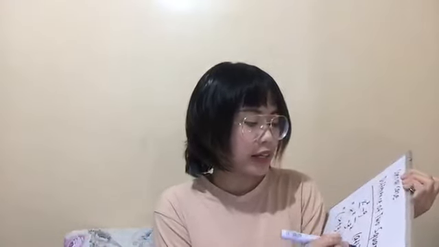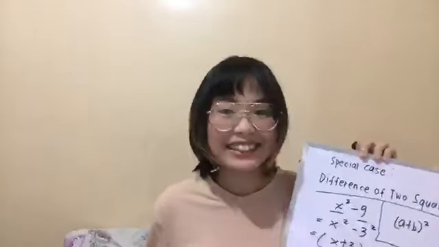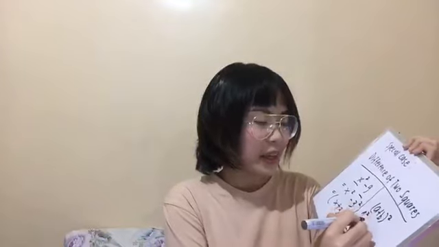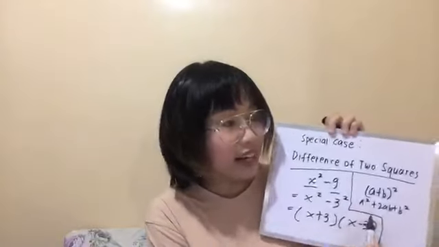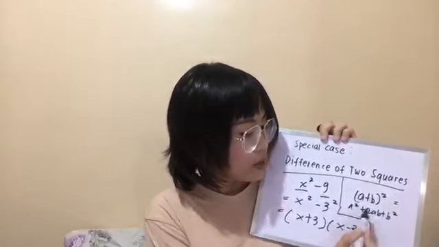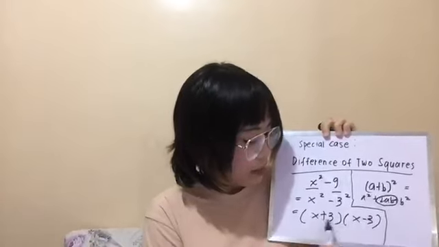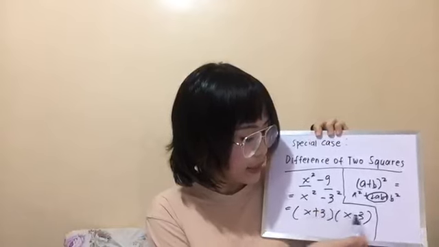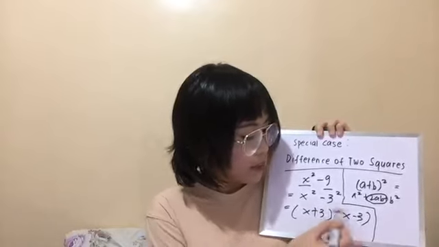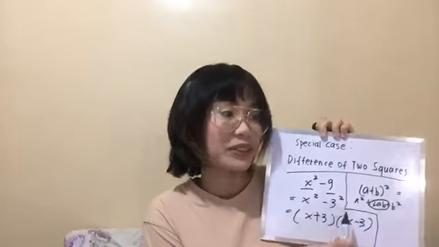Because you know that a plus b quantity squared is equal to a squared plus 2ab plus b squared, right? So this middle term will be cancelled if you do separate terms, reverse terms. If you plus and then subtract here, then the middle term will be cancelled and you will be left with the difference of 2 squares.